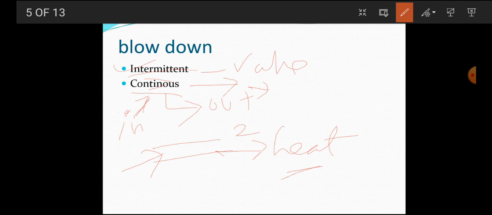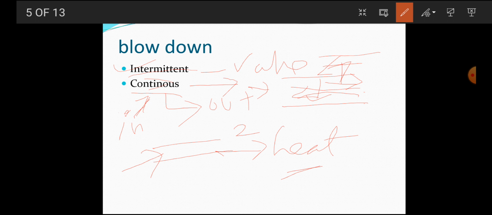So how can we recover that if water is moving out? So we can use a counterflow heat exchanger with the water which is moving in. So we can extract the heat from the boiler water which is moving out.